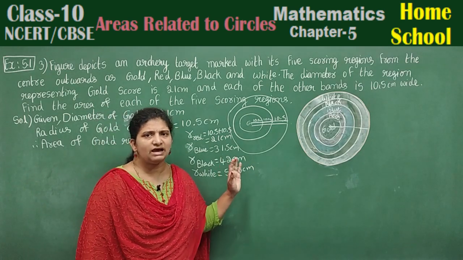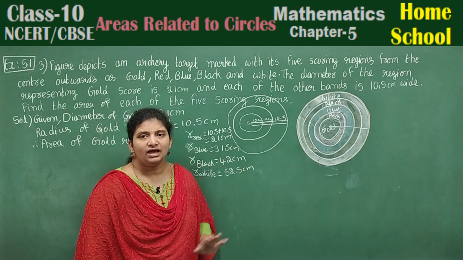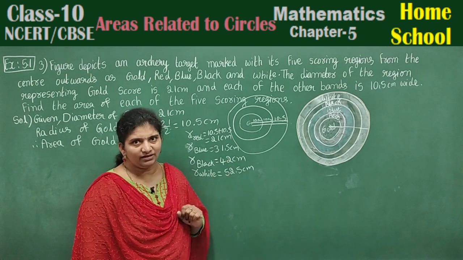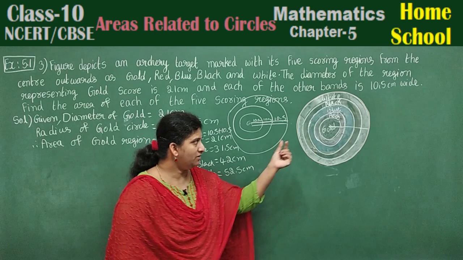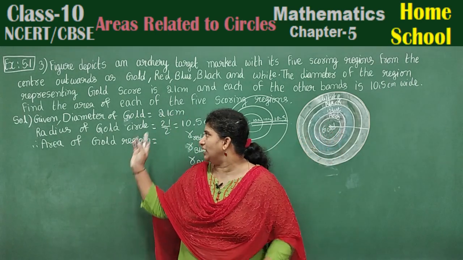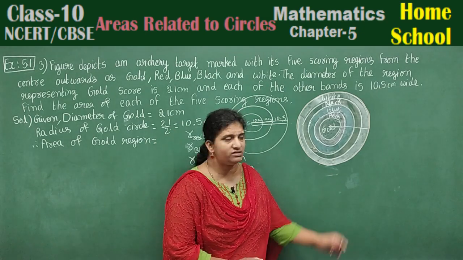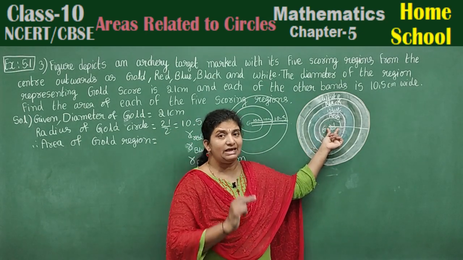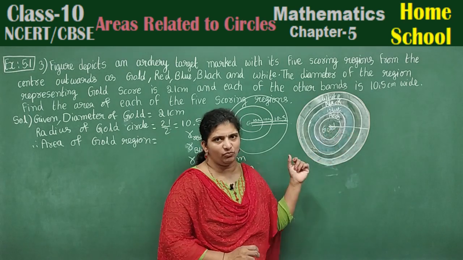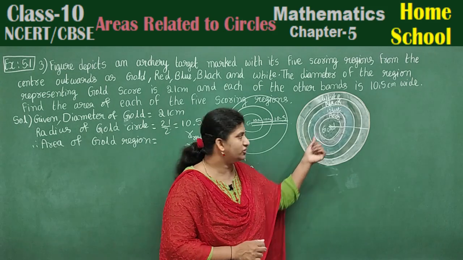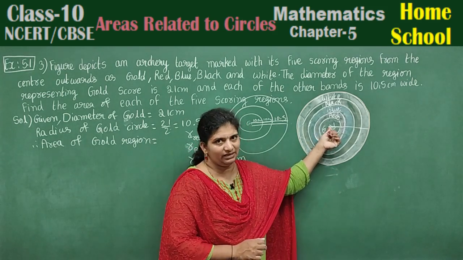First, understand the archery target and see each color carefully and find the radius. I repeat again, when I talk about gold radius, they have given the diameter. Diameter is 21 centimeters, radius will be 10.5 centimeters. And each ring width is 10.5. But when I talk about the radius of that color, I should count from the center here.